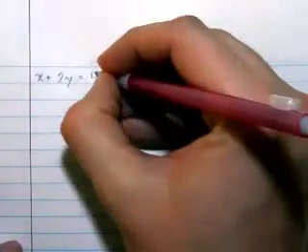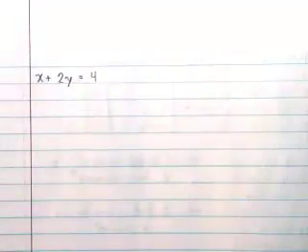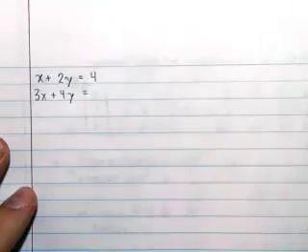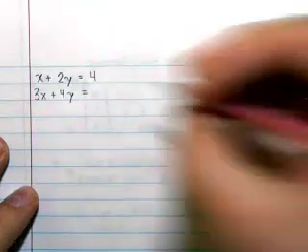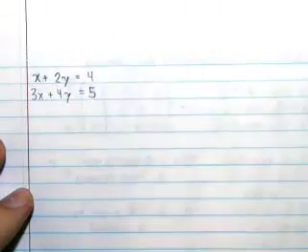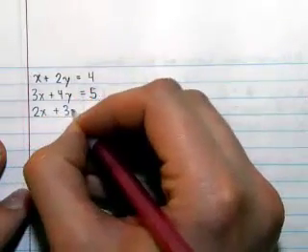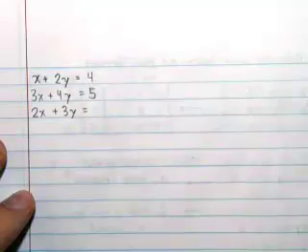Okay, so I'm going to put a system down here, and I want you guys to put this into a matrix for me, or just see if you can. 2y equals 4. 3x plus 4y equals... and 2x plus 3y equals 4.